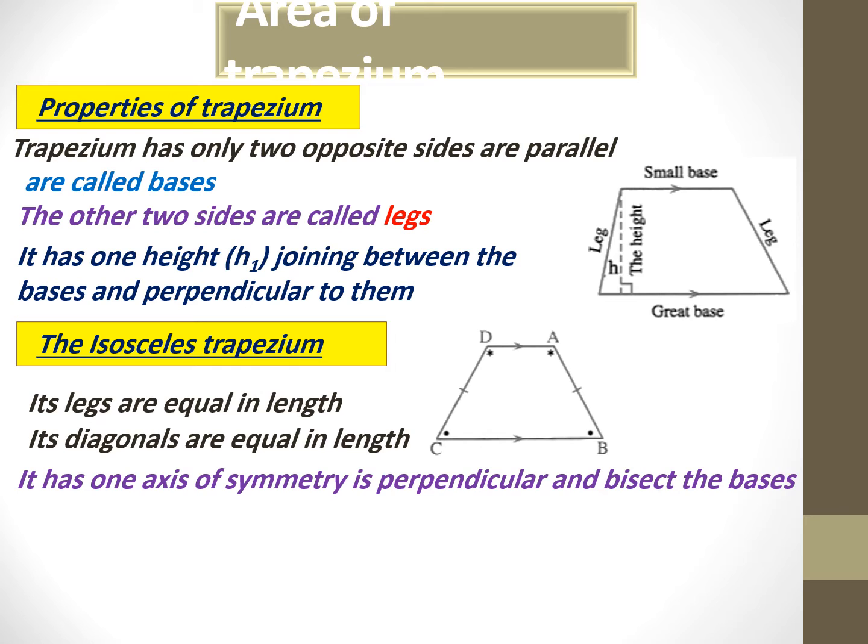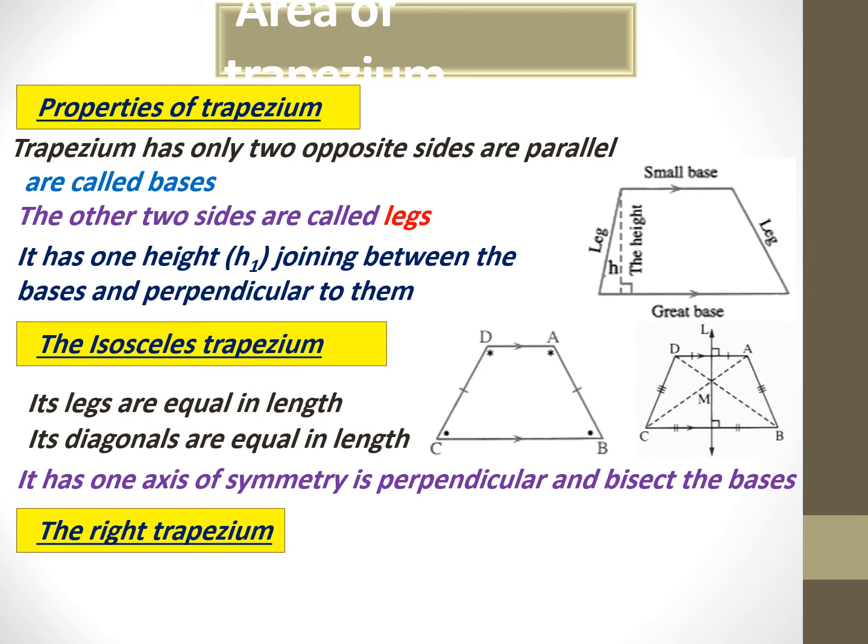The isosceles trapezium has one axis of symmetry, L, which is perpendicular to its bases and bisects them, dividing the bases into two equal parts. Then it divides AD into two equal parts and divides BC into two equal parts.